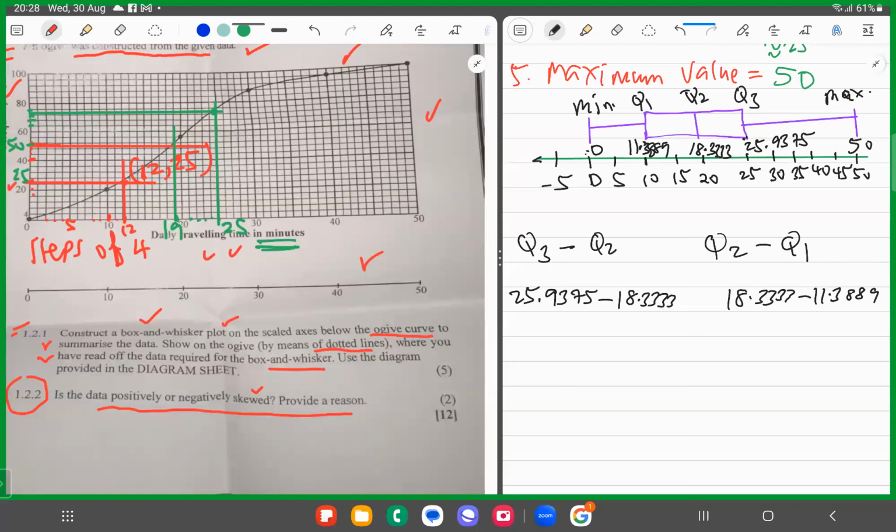So let's see what is happening here. What is the difference?